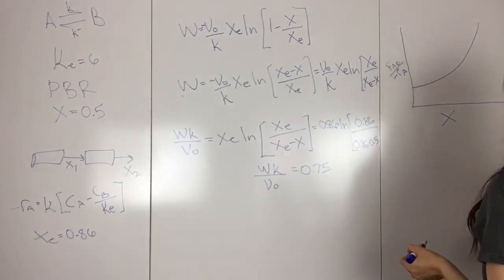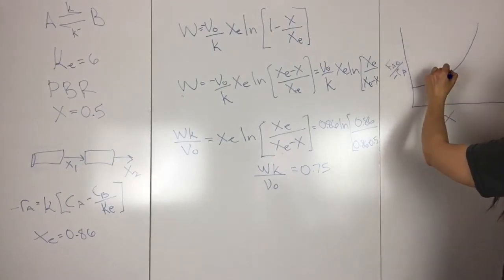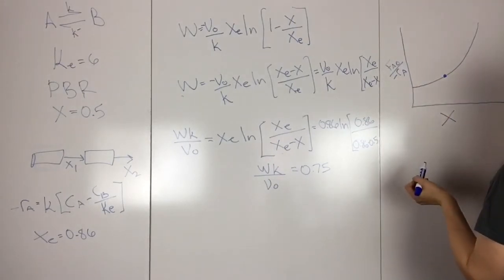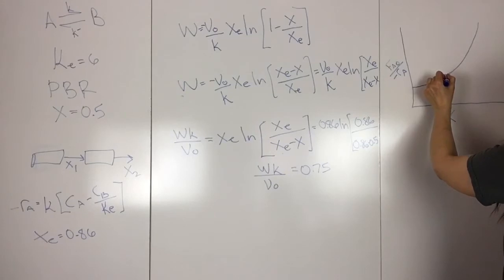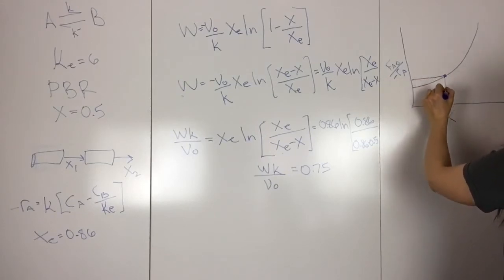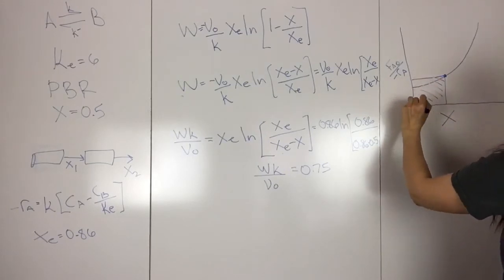And then you remember for a CSTR, the volume of the reactor was something like this, like the area.